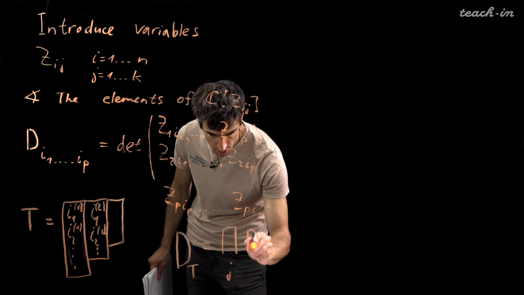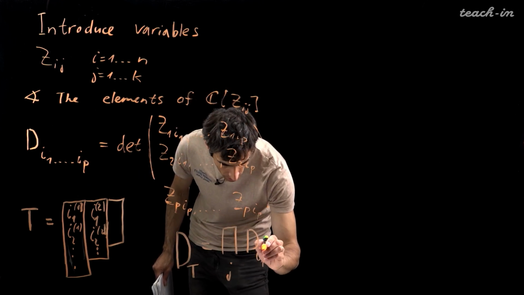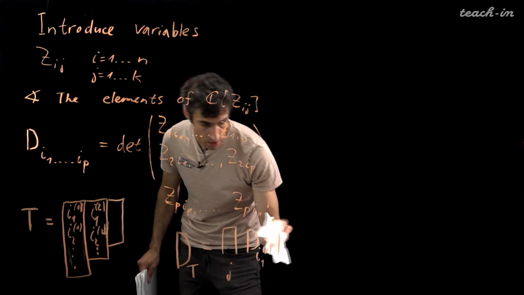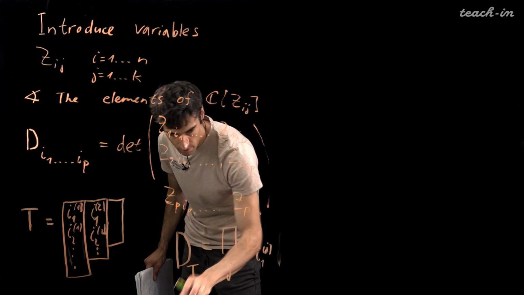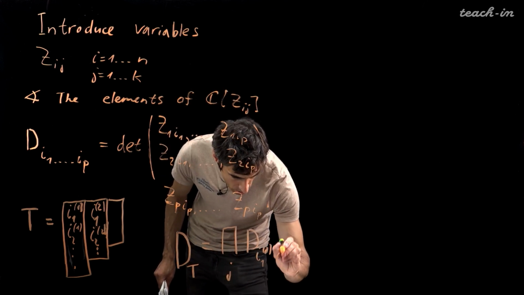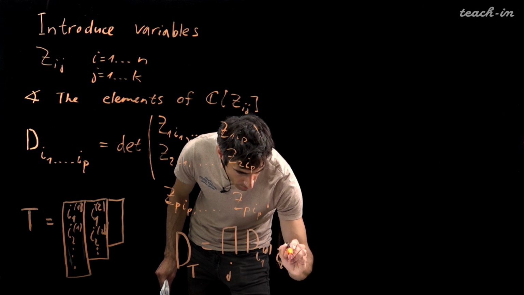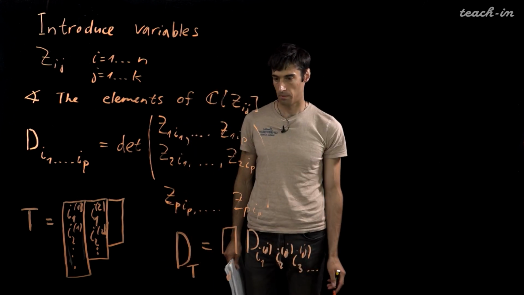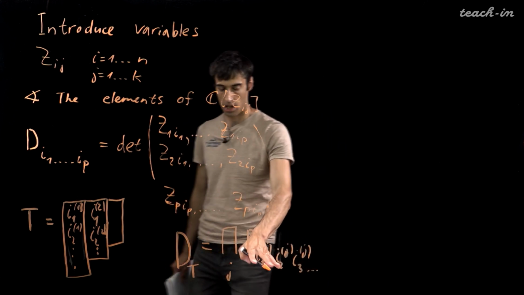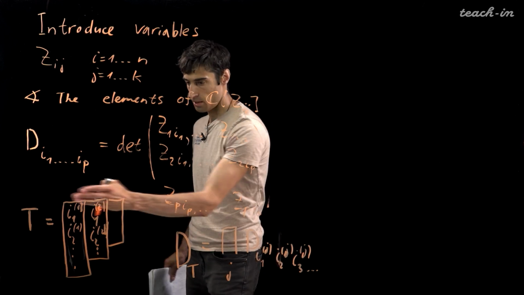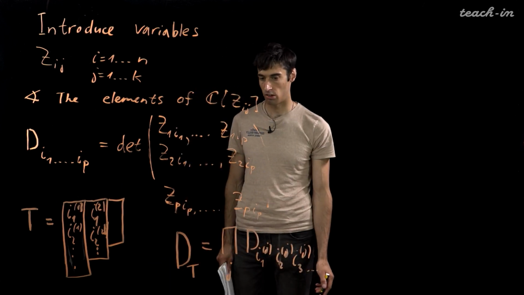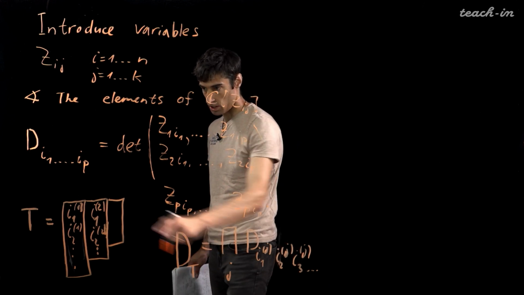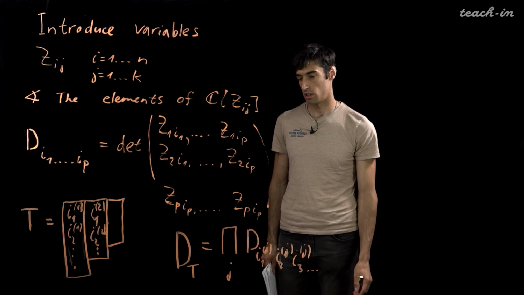So d of i_1 j, i_2 j, i_3 j, and so on. So for each column, I will have a factor, and I have a product over all columns. So this is my polynomial element corresponding to a Young tableau T.